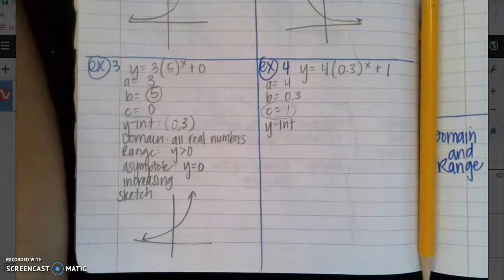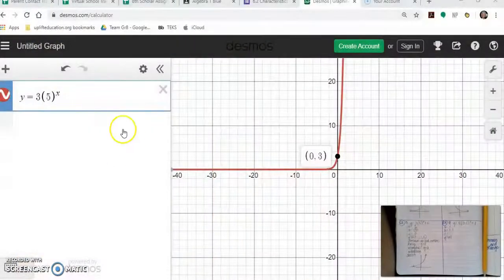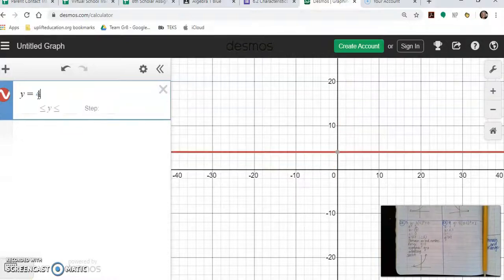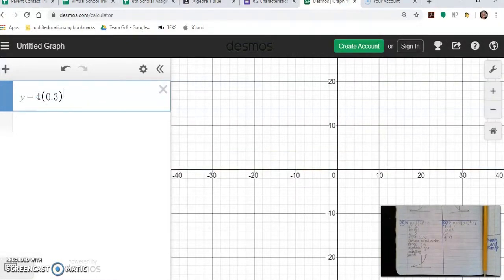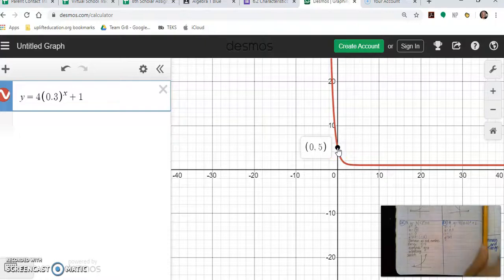So now I'm going to go to my Desmos, and I'm going to put 4, parentheses 0.3, to the x plus 1. Okay. My y-intercept is at 0, 5.